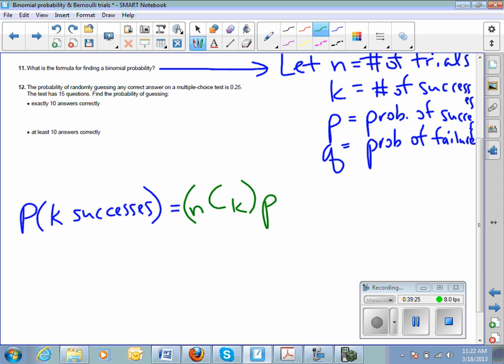Probability of success on any one trial raised to the number of successes we want. And then Q to the n minus K. Yeah, n minus K. Good. So number of trials minus the number of successes gives us the number of failures. So this is exactly the formula for finding the probability of K successes in n Bernoulli trials, where P is the probability of success and Q is the probability of failure.